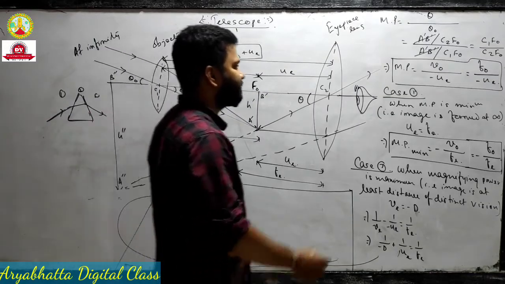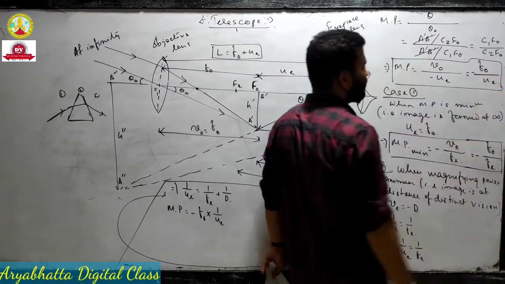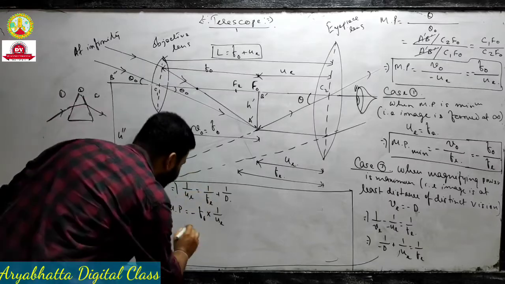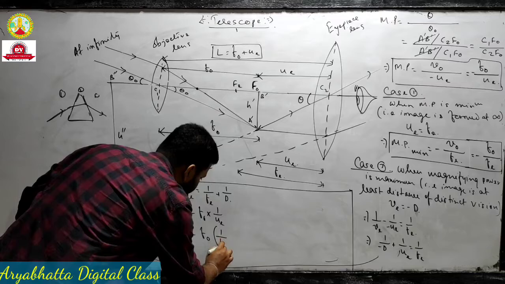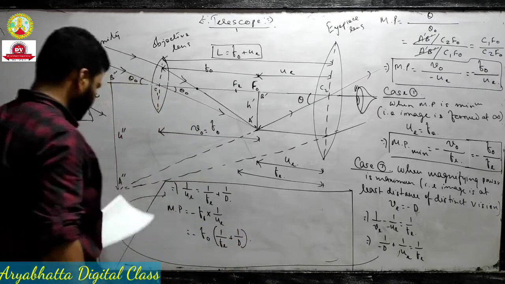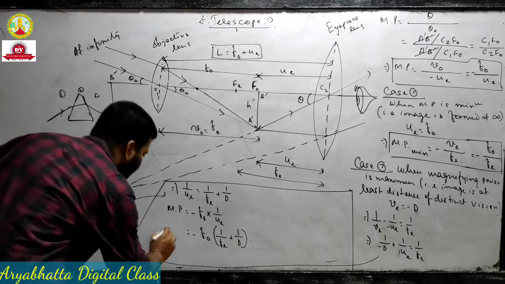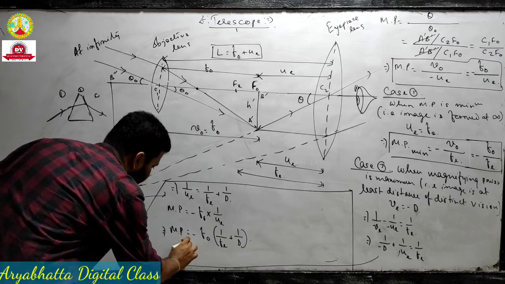From this formula, magnifying power is minus F naught into 1 by UE. What is 1 by UE? Put that value. It will be minus of F naught into 1 by FE plus 1 by D. So this one will be the formula for magnifying power under maximum condition.